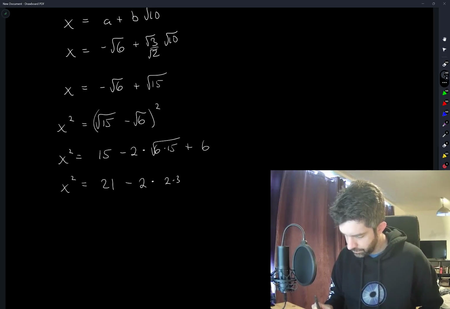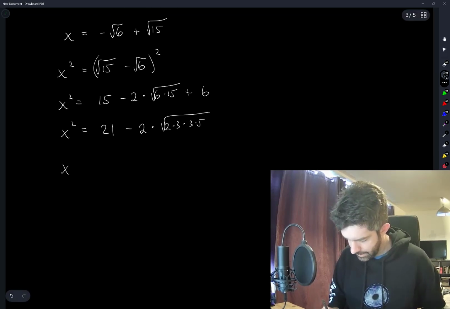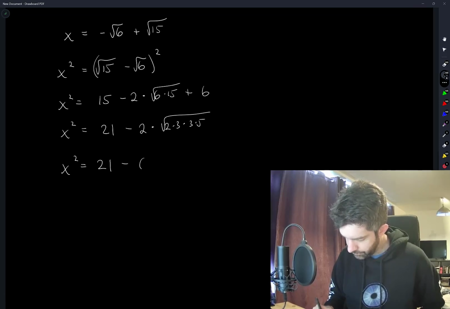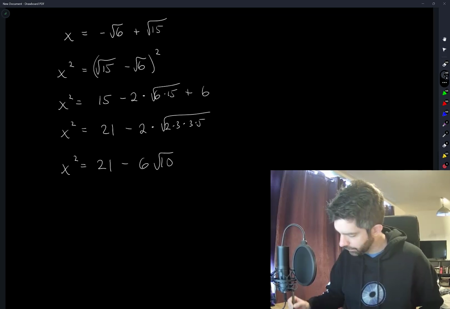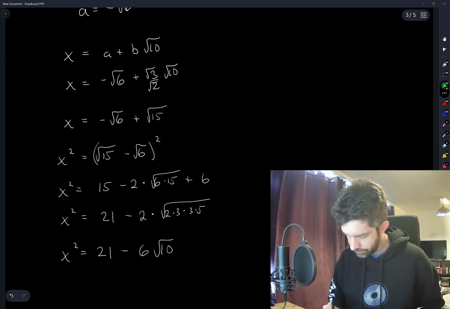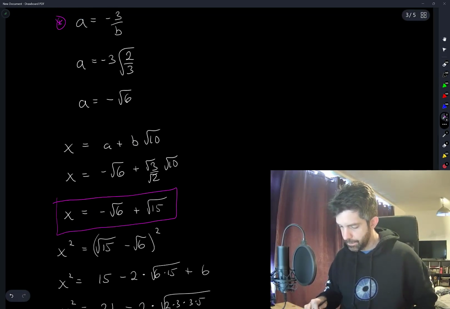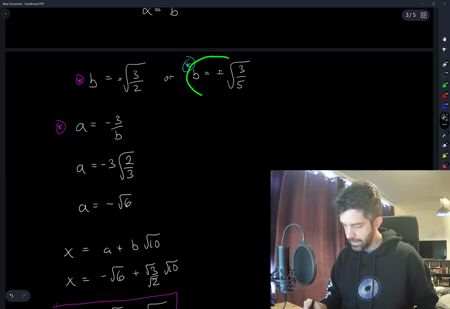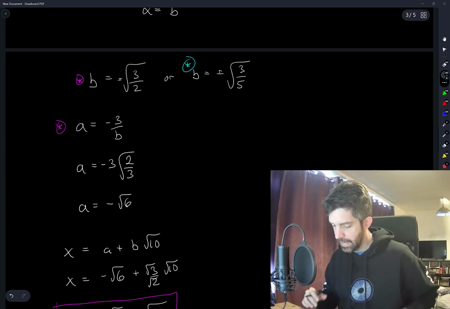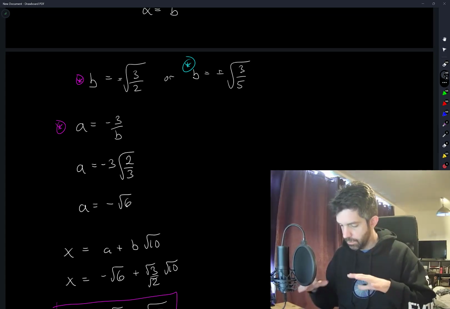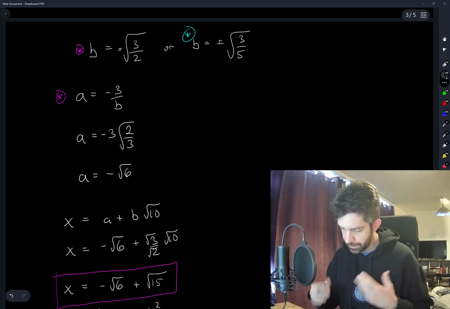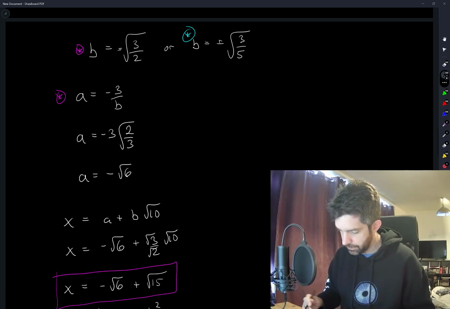We have 2 times 3 times 3 times 5. Yeah, x squared is equal to 21 minus 6 root 10. So that works. That is a square root, or the negative of that. And I'm pretty sure that if I proceed with this other one, we'll end up getting the same thing, but terms will appear in different places. But I'm going to go through and confirm that this does make sense.